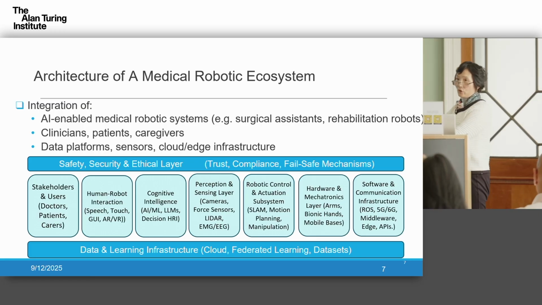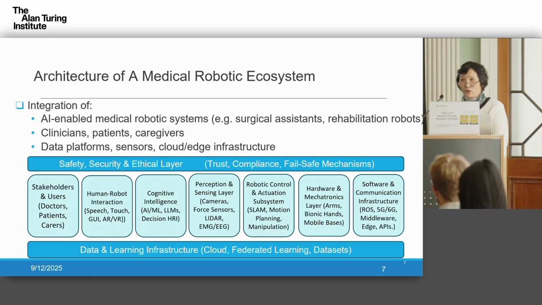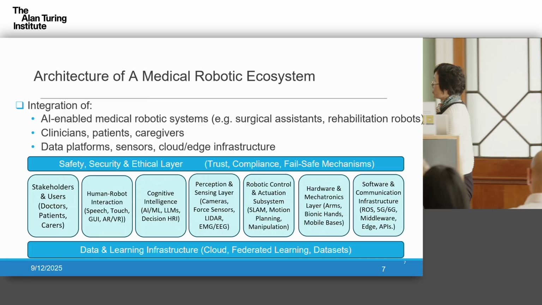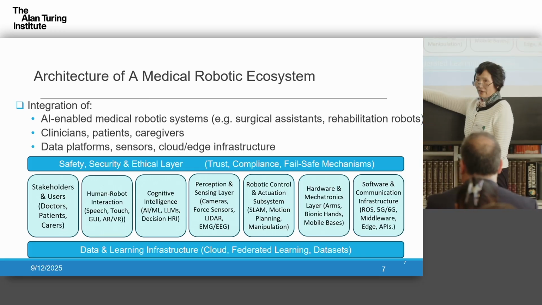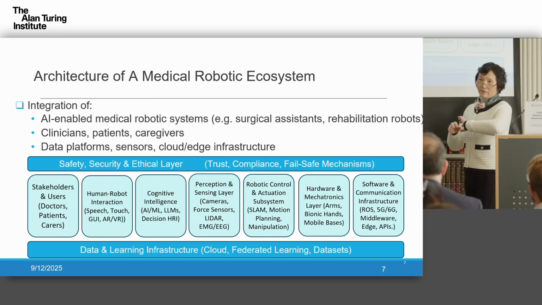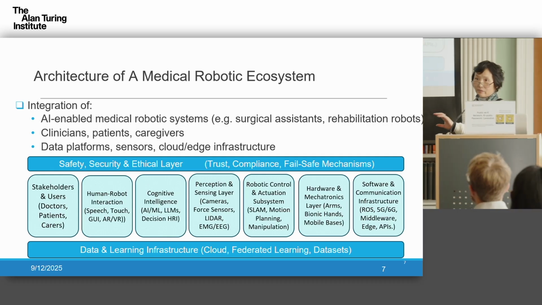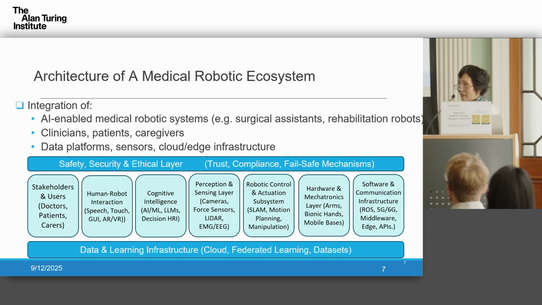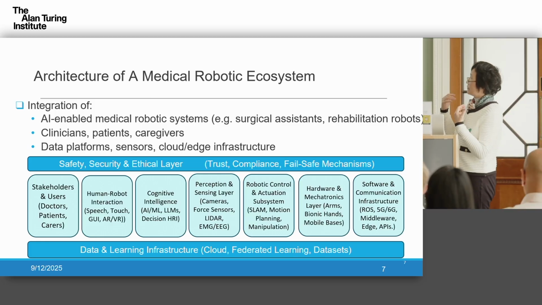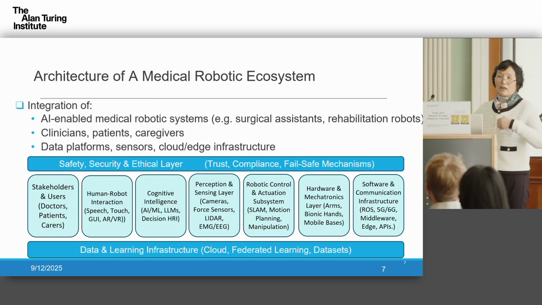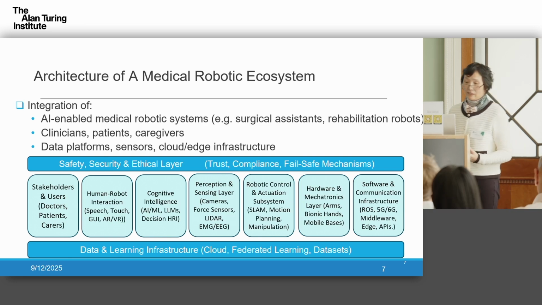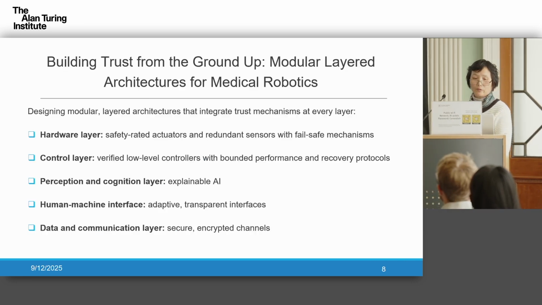This ensures the trust of the ecosystem, and also the data and learning infrastructure. We link all the clinical healthcare systems with the data. This data allows federated learning, and the database allows the system continuous improvement. So this is the structure we proposed.